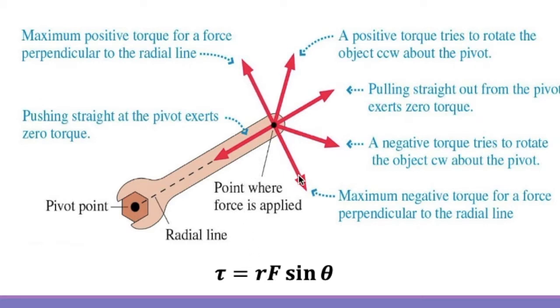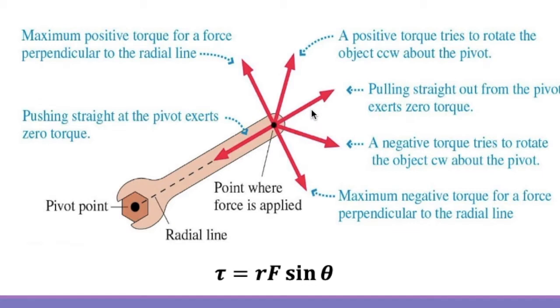So these forces here will exert the maximum torques in the positive and the negative directions. This is when the force is perpendicular to the radial line.